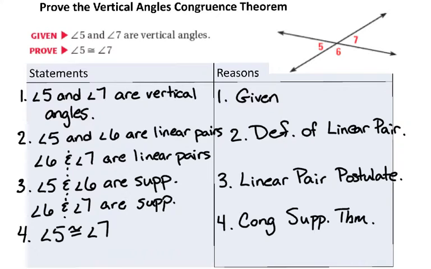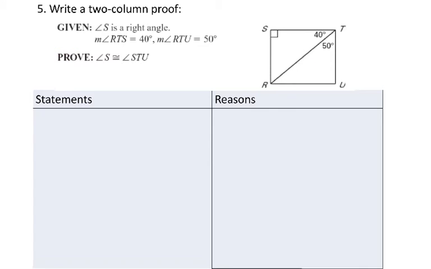Okay, let's do another proof. It says to write a 2-column proof. Given angle S is a right angle, the measurement of angle RTS is equal to 40, and the measurement of RTU is equal to 50. We're going to prove that angle S is congruent to angle STU.